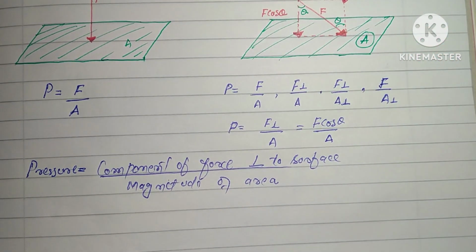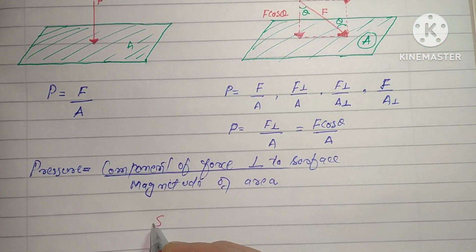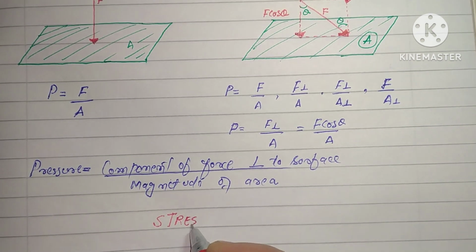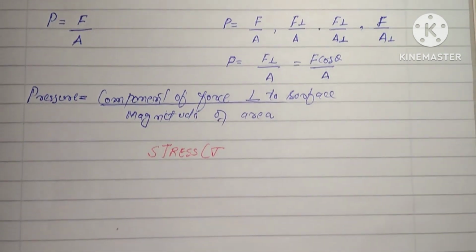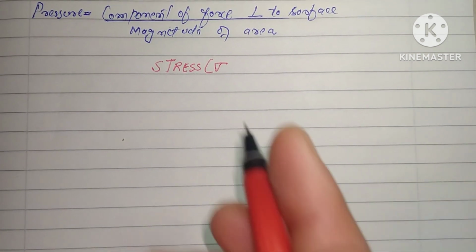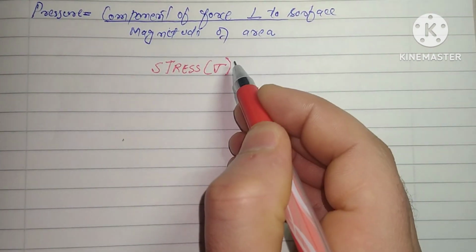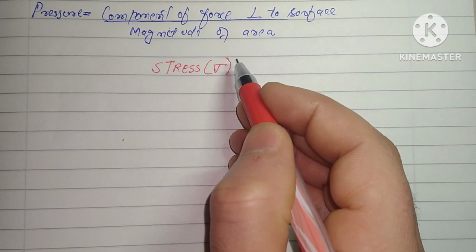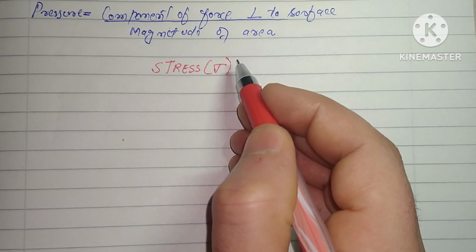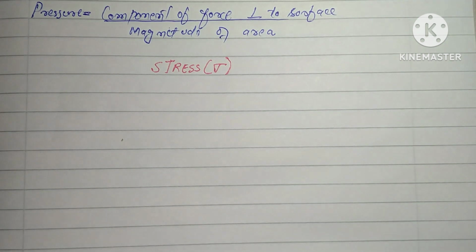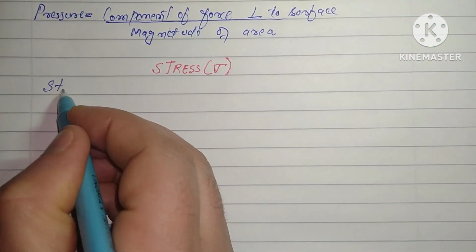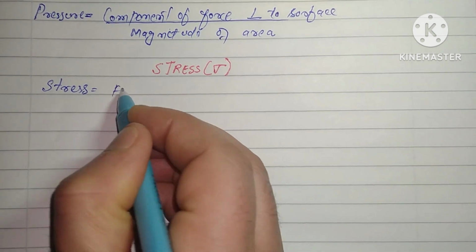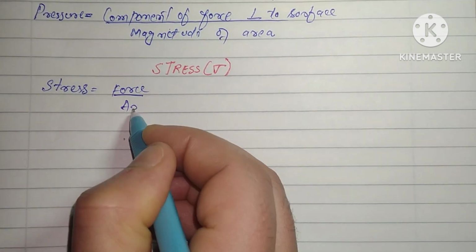But in case of stress, stress is not always perpendicular to the cross section or plane or surface, because normal stress is perpendicular to the surface, bending stress is perpendicular to the surface, but the shear stress is not perpendicular to the surface, it is parallel to the surface. Here also stress is force per unit area.